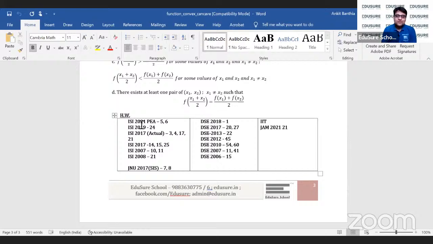तो जितने questions मैंने नहीं कराए हैं क्लास में, वो सारे questions को खुद से try करिए. You will be able to download all the question papers from our website edusure.in. So वहां से download करिए सारे papers को and take a look at each and every problem on your own, solve करिए खुद से, उसके बाद में solution videos देख लीजिए. ठीक है?